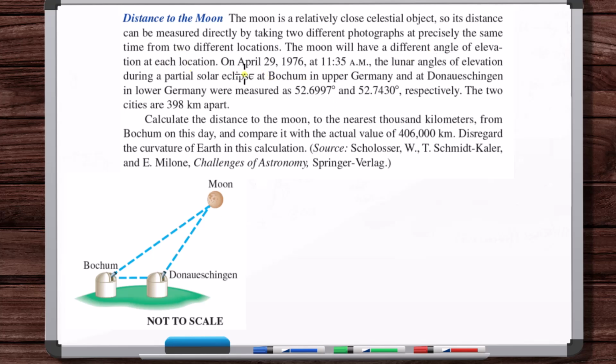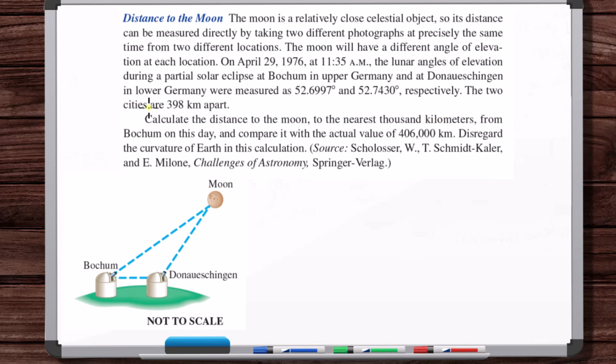Okay, so on April 29th, 1976 at 11:35 a.m., the lunar angles of elevation during a partial solar eclipse at Bochum in Upper Germany and at Donaueschingen in Lower Germany were measured as 52.6997 degrees and 52.7430 degrees, respectively.